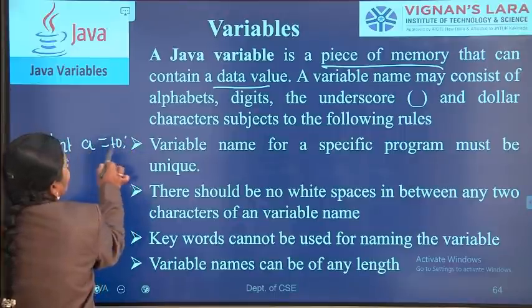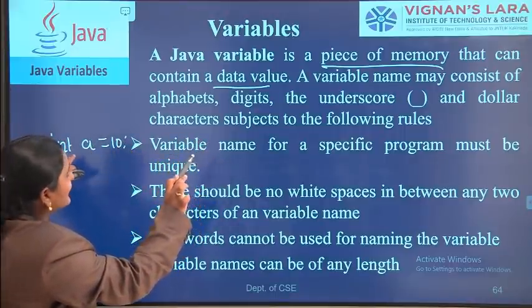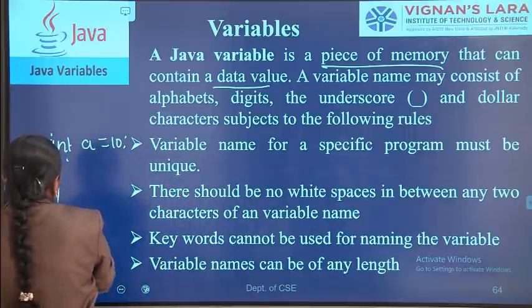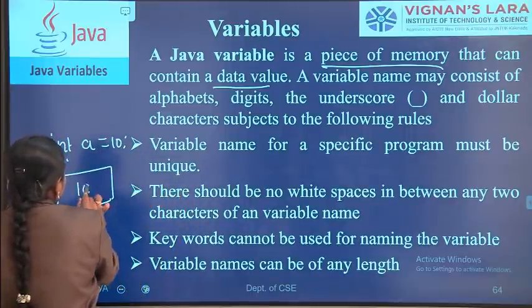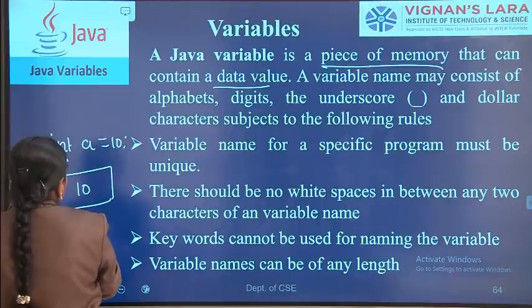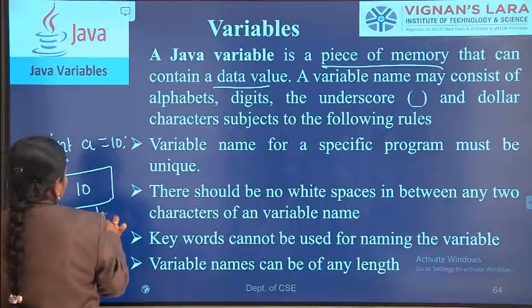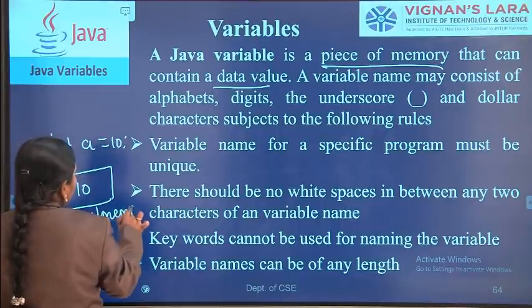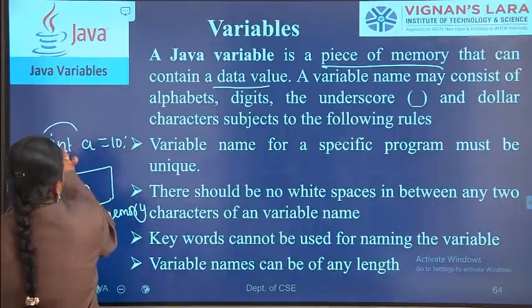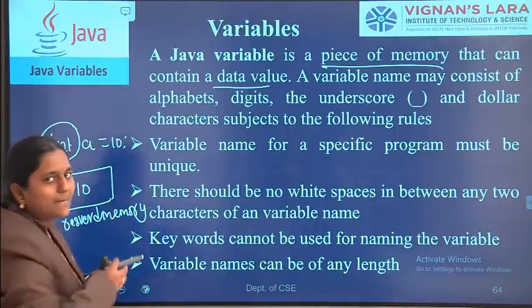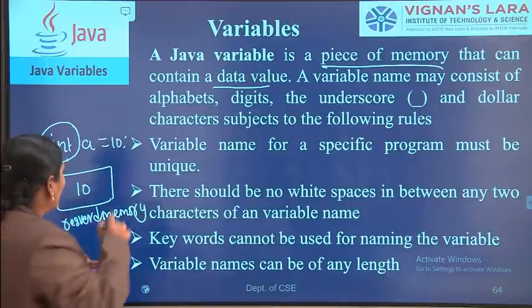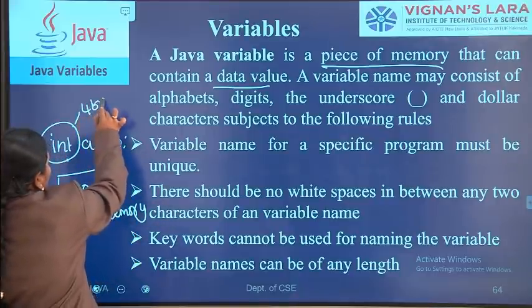Here 10 is the data value, so it allocates the reserved memory. I already explained how many bytes int occupies in memory: in Java, an integer occupies 4 bytes.